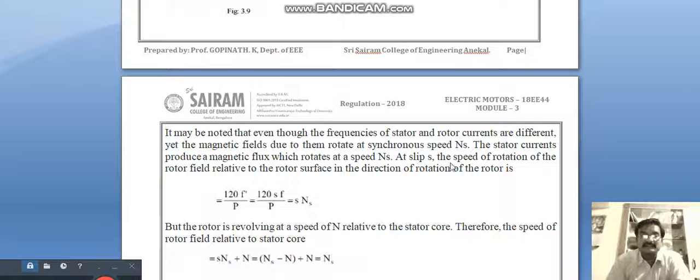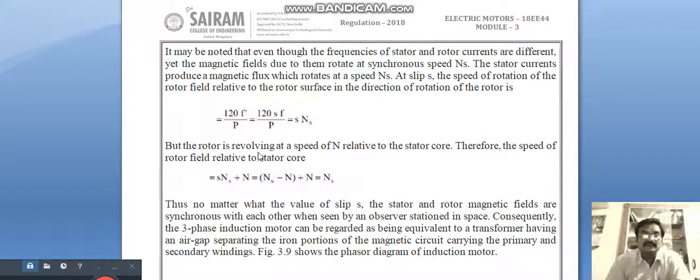At slip s, the speed of rotation of the rotor field relative to the rotor surface, in the direction of rotation of the rotor, is 120 f dash by p, so 120 s into f by p. So we can write s into Ns, because 120 f by p is nothing but Ns. Ns is equal to 120 f by p. So s into Ns.